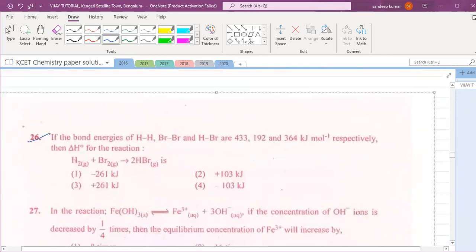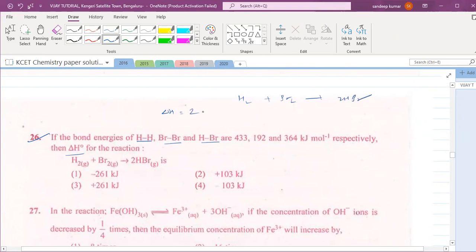The bond energies of hydrogen, bromine, and HBr are given. What is delta H? H2 plus Br2 gives 2HBr. This is a thermodynamics question. We can write 2 times the bond energy of HBr minus the bond energy of hydrogen plus the bond energy of bromine, product minus reactant.